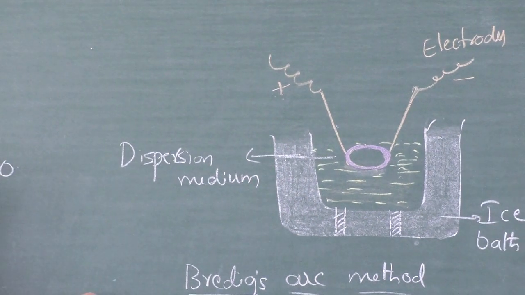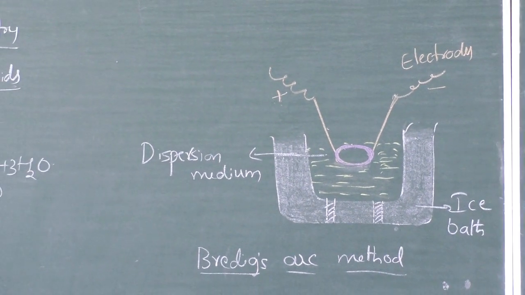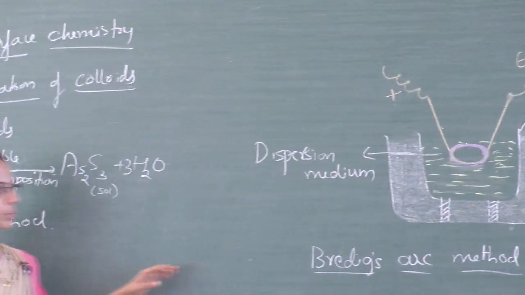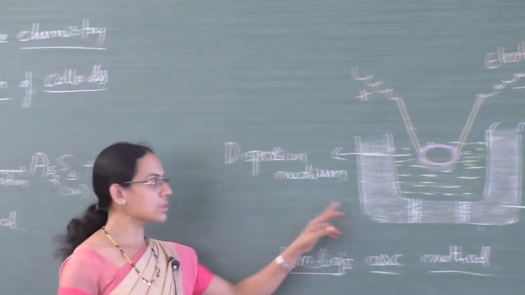So that is the second type of preparation of colloids, just write this diagram.